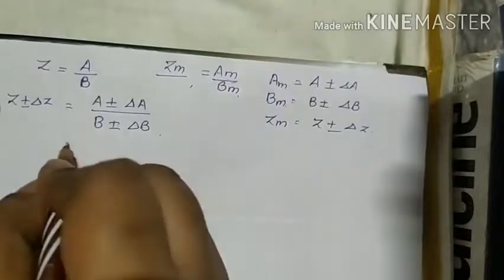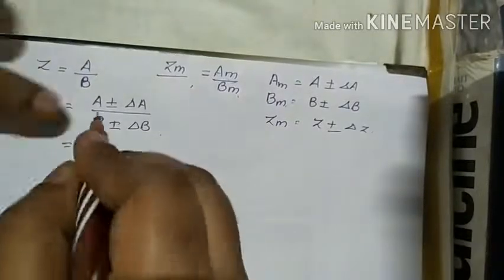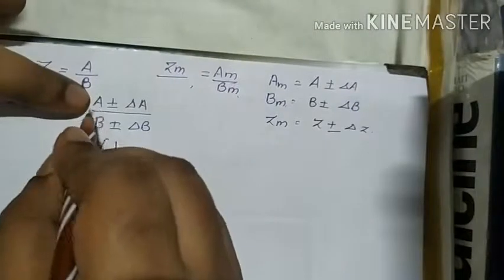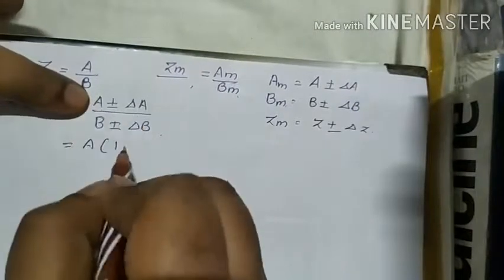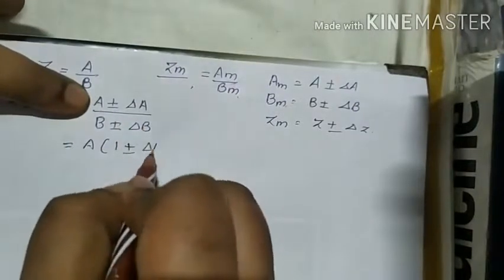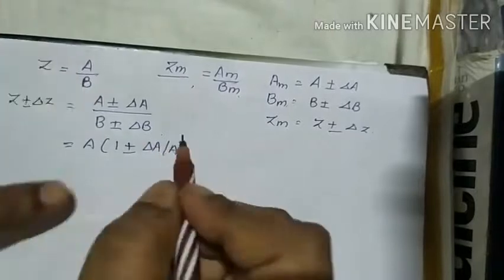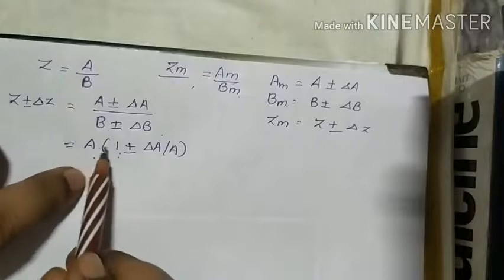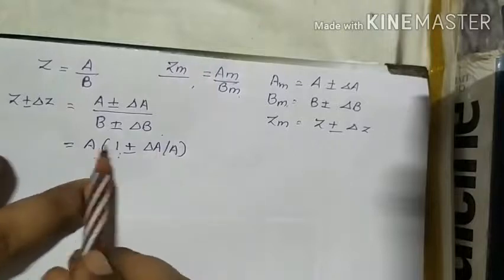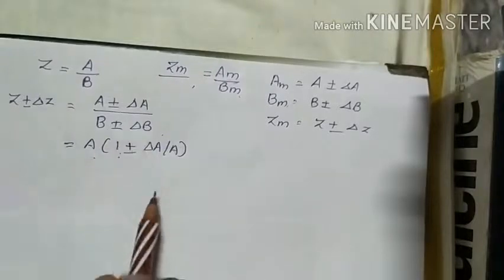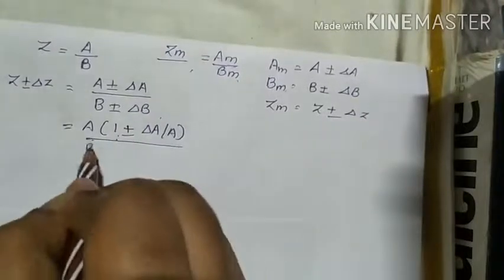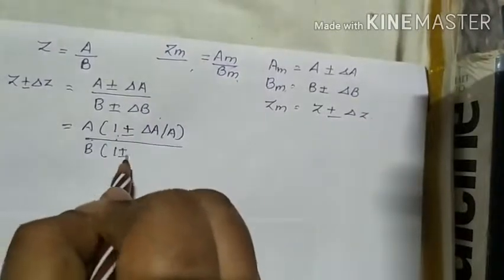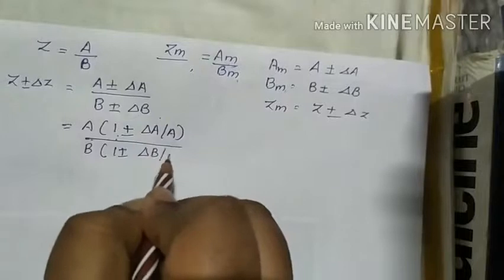I am going to take A out from here, so it will be 1 plus or minus delta A by A. See, when I multiply A into it, it becomes A plus A into delta A by A; A cancels, and you get the numerator itself. Similarly, I am going to take B out from here, so it becomes 1 plus or minus delta B by B.